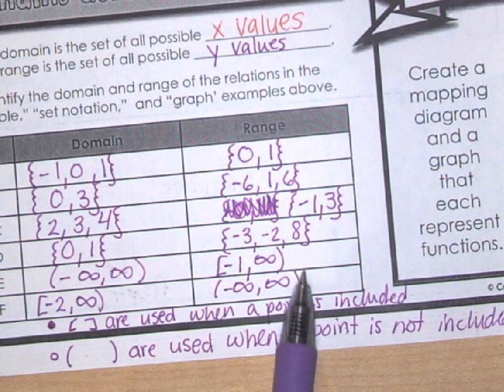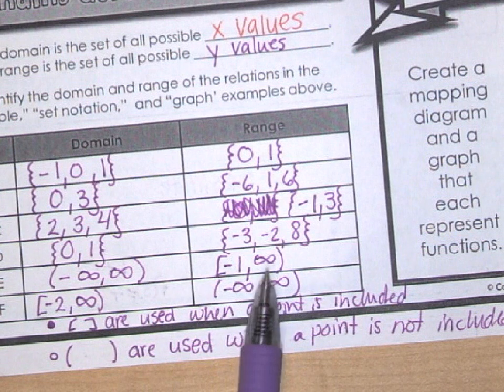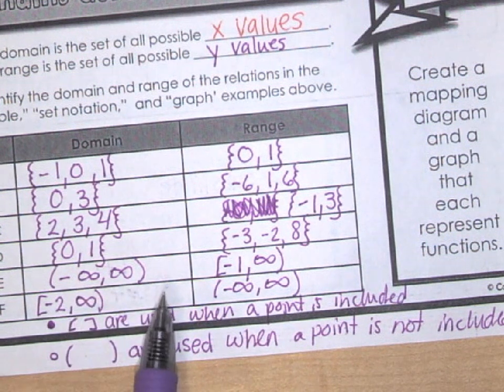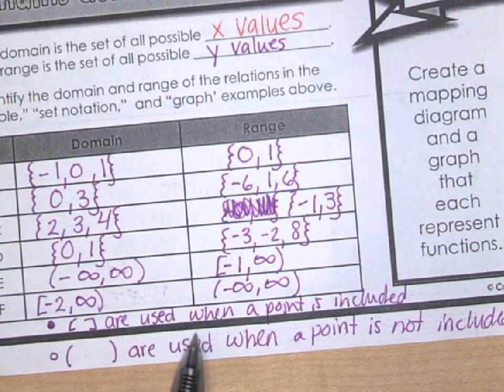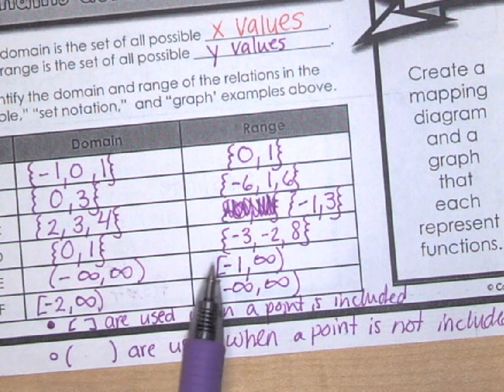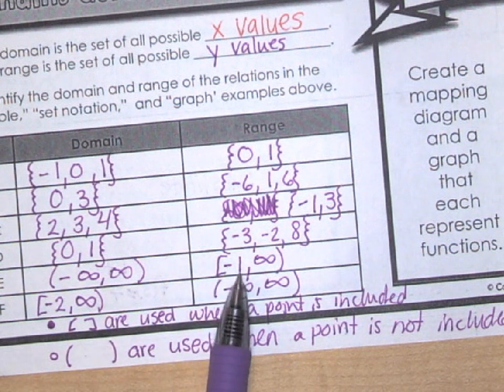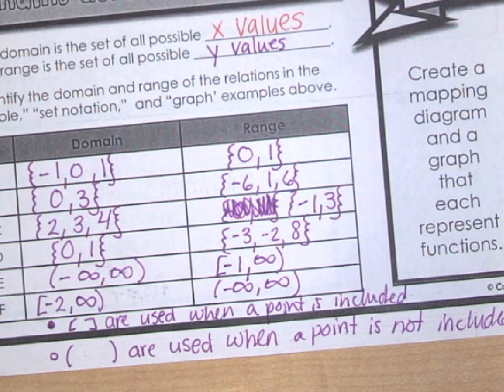The round parentheses are used when we use the infinity symbol because it's not an exact value, right? It's an idea that it will keep going. The square brackets are used when we know the number and it is included in the graph. So closed dot, open dot.